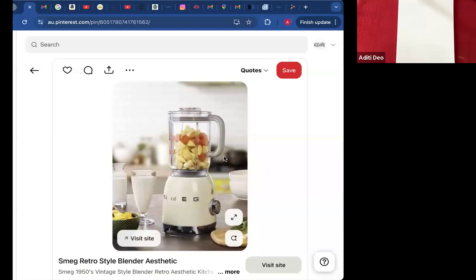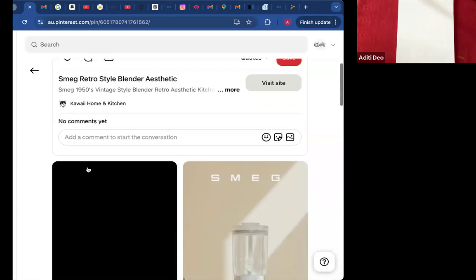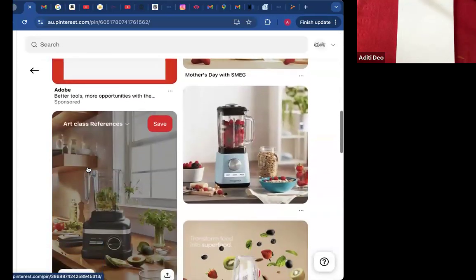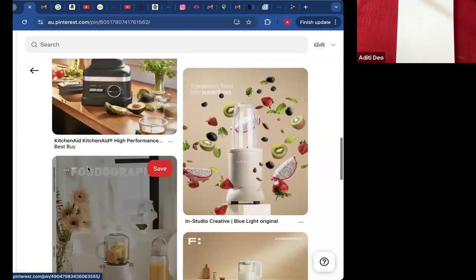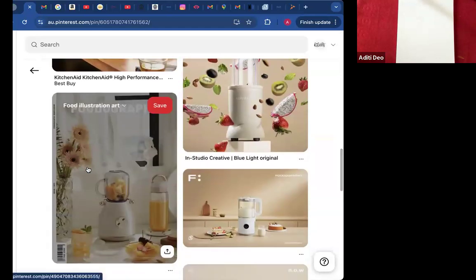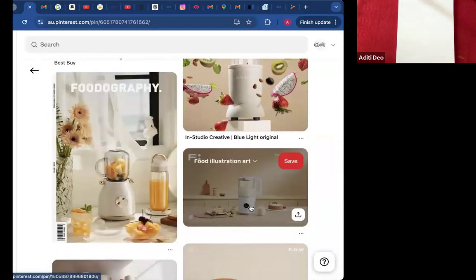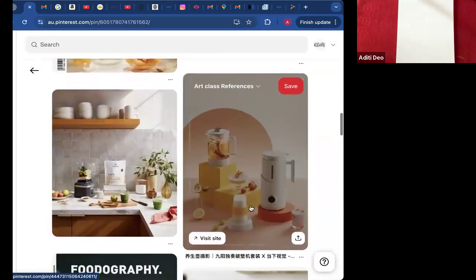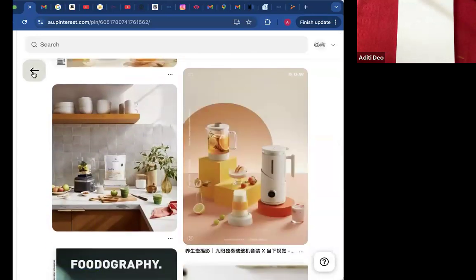Something like this. Is this it? There's a portable version also. Okay, wait. Which one? Not this one.